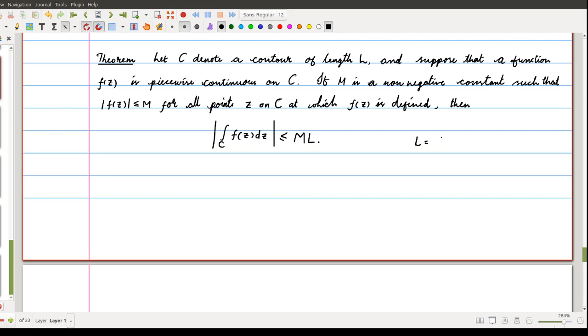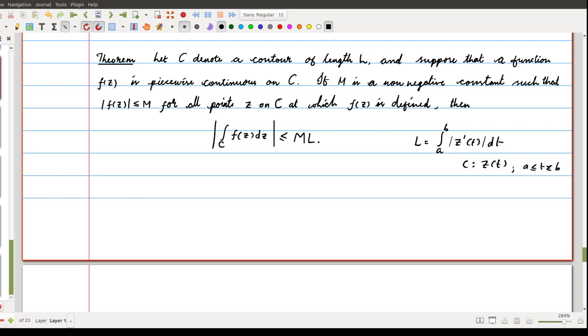L is defined as the integral over C of modulus dz, or you can write this as the integral from a to b of modulus of z dash t dt, where C is defined as z of t, where a is less than or equal to t less than or equal to b. If this is the definition of the contour, then the length is defined in this manner.